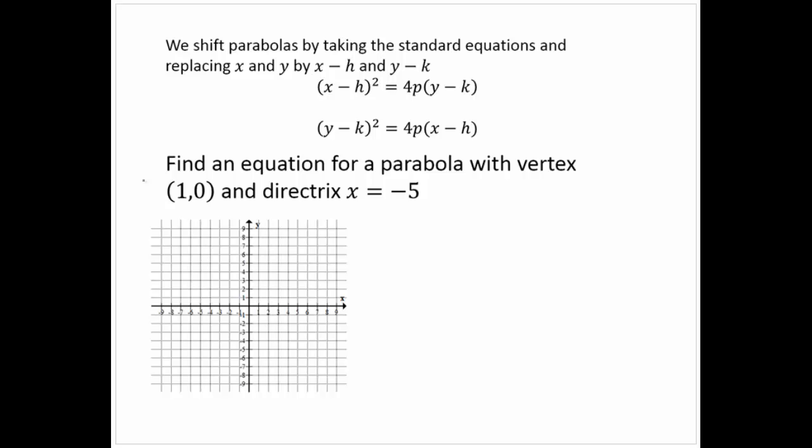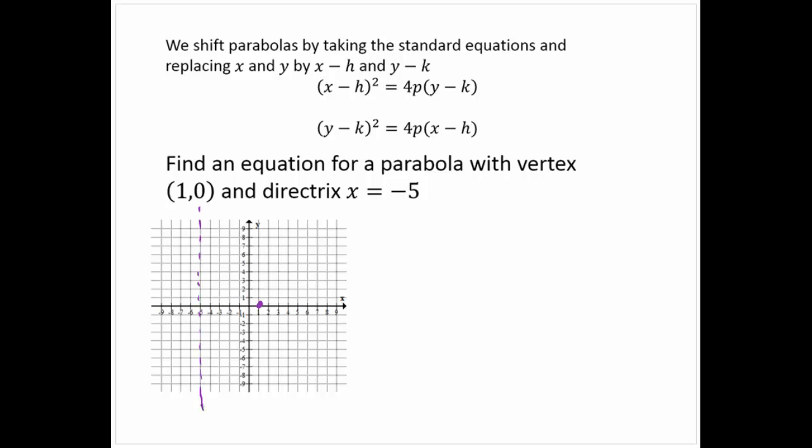So for example, if we're asked to find an equation for a parabola with vertex at (1, 0) and directrix at x equals negative 5, if we're asked to just find the equation, we can do that. It might be helpful to sketch it to see what happens. So there's the directrix.